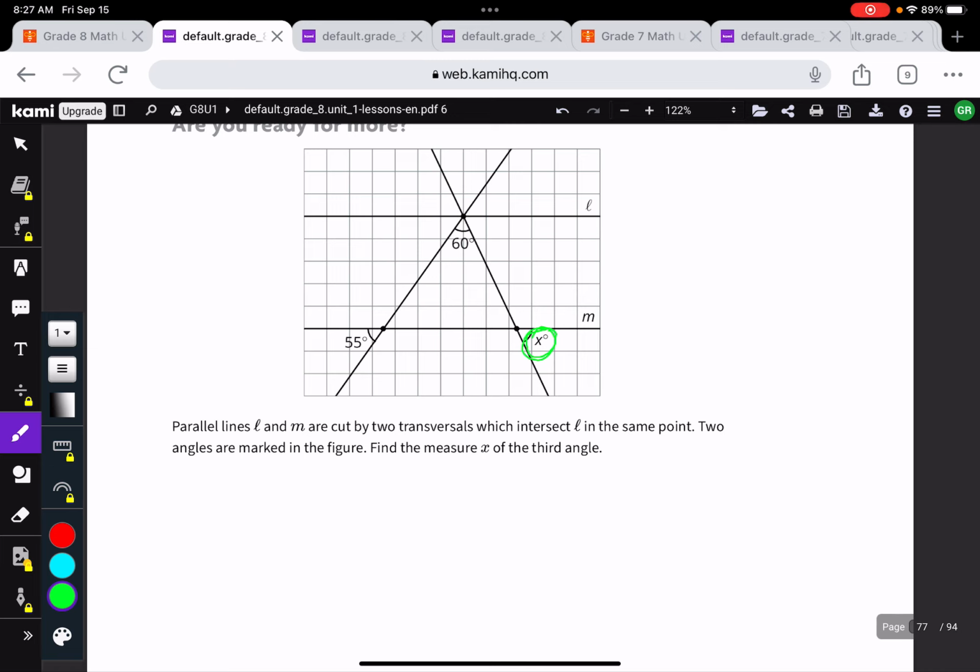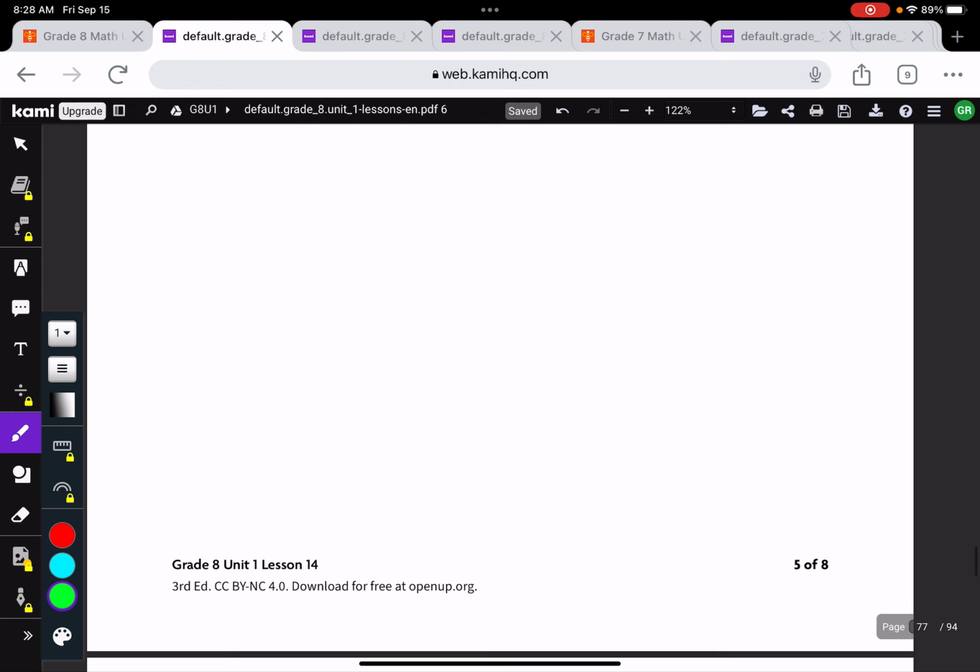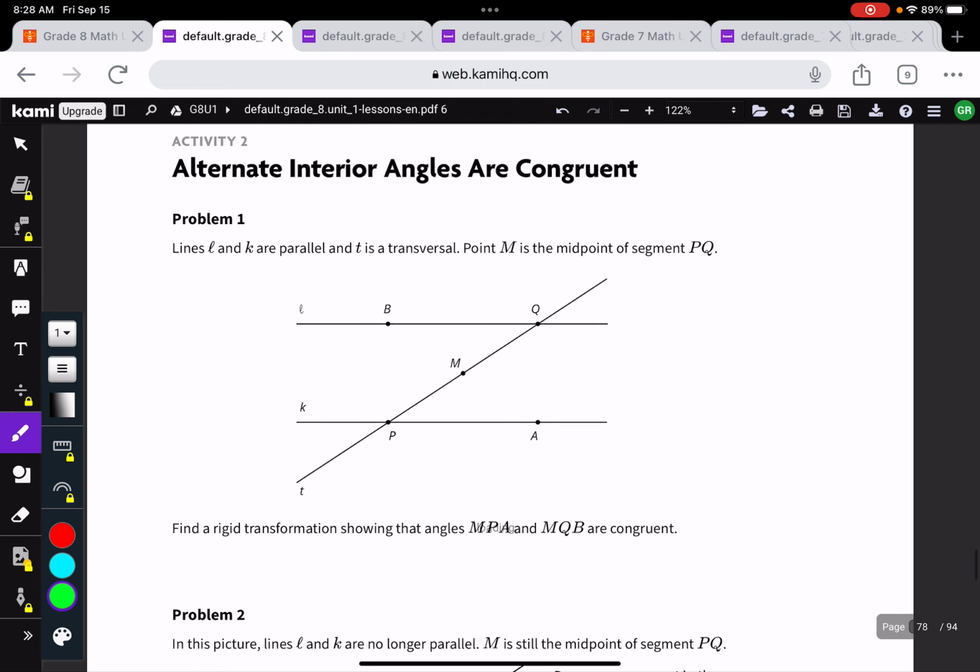That all the angles in a triangle, the three angles in a triangle, add up to 180 degrees. So you'll be pretty easily able to find X. So go ahead and do that one.